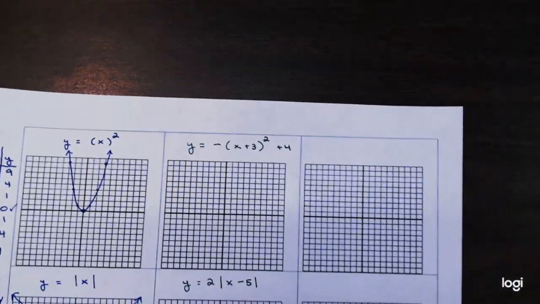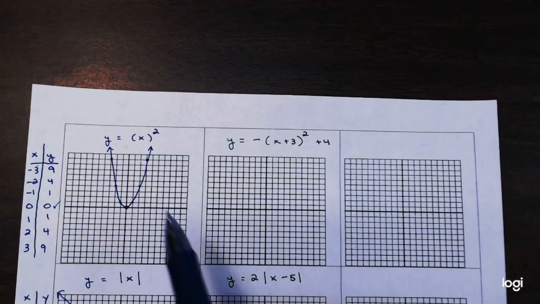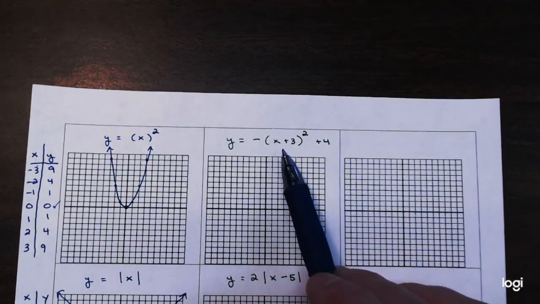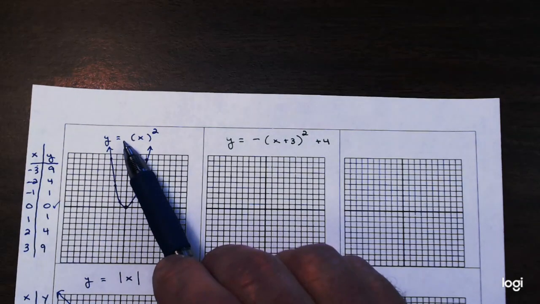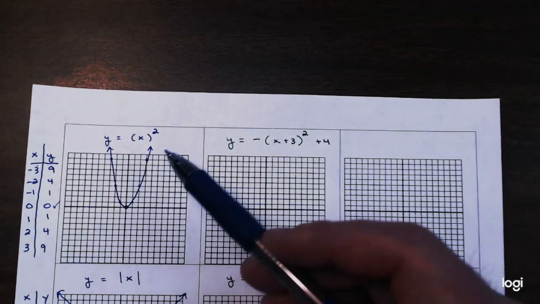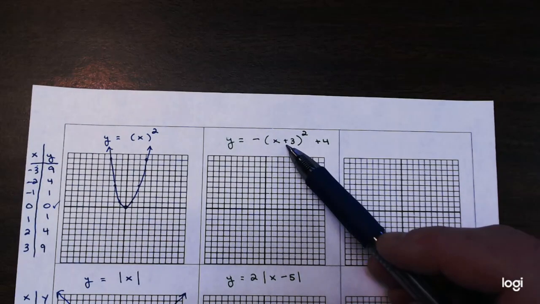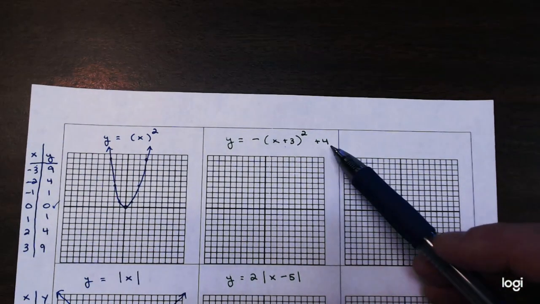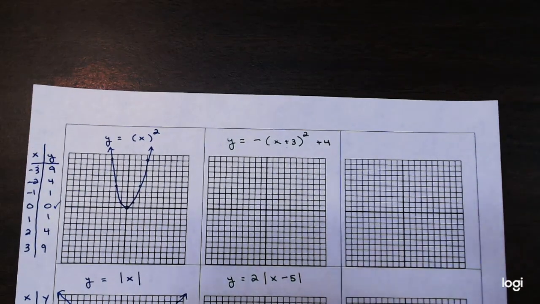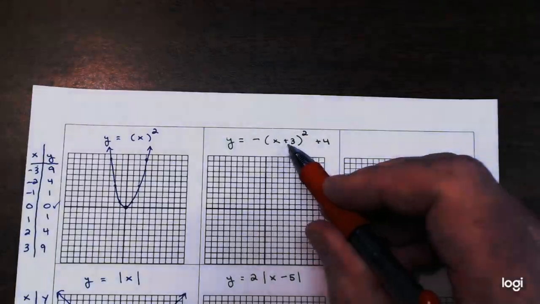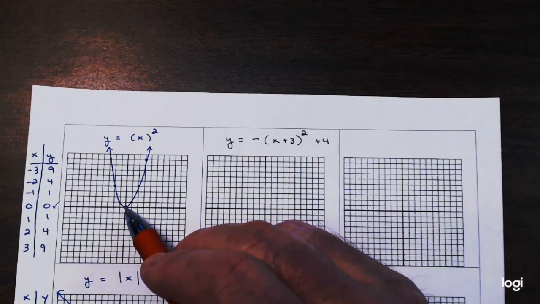So let's now talk transformation. Here's our basic, and there have been a few changes. Notice there's this negative out front. That's going to reflect this over the x-axis, so it's going to be flipped over. This is going to move our parabola 3 left and 4 up. I'll use a different color here. Let's use red. I'm going to figure out where the memorable point has moved.